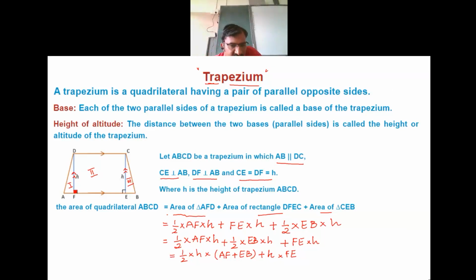Now, for this case, if you consider this particular length as x, this will be x from F to E. These two parts are added.